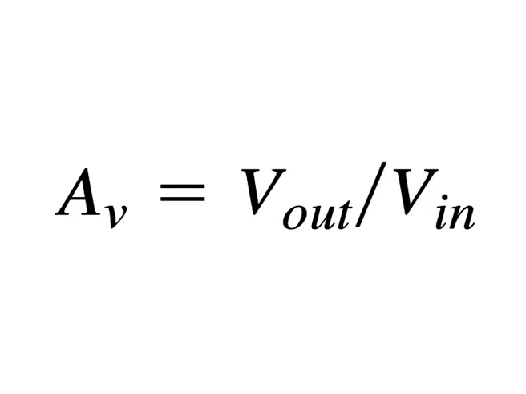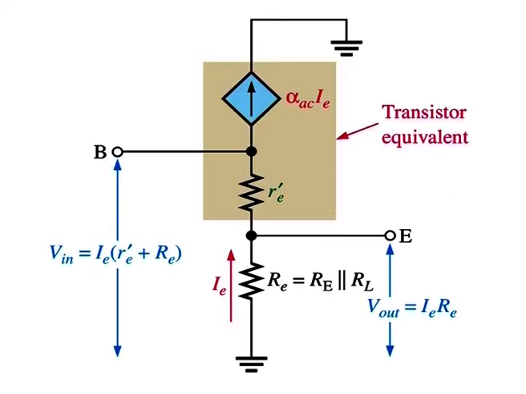Voltage gain. As in all amplifiers, the voltage gain is Av equal to Vout over Vin. The capacitive reactances are assumed to be negligible at the frequency of operation. For the emitter follower, as shown here in the AC model, Vout is equal to Ie times Re and Vin is equal to Ie times r'e plus Re.